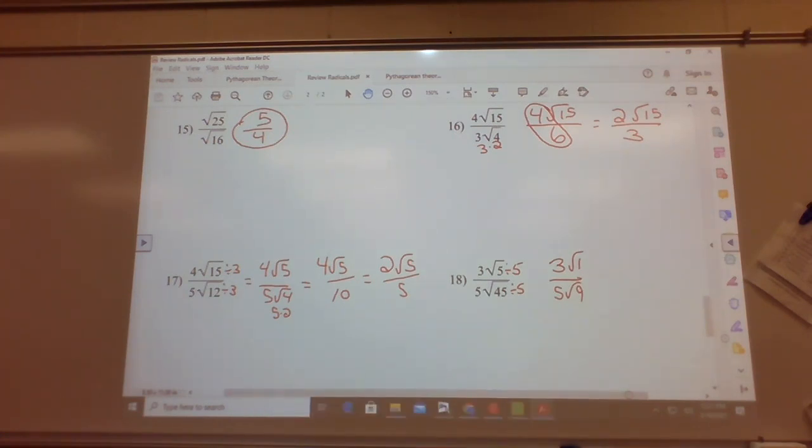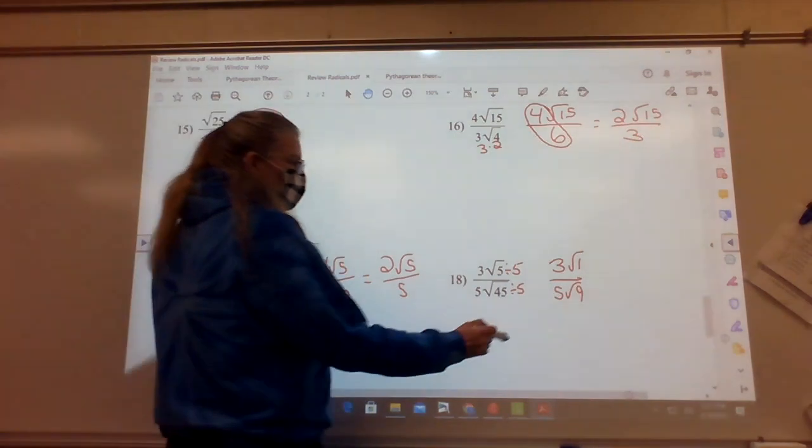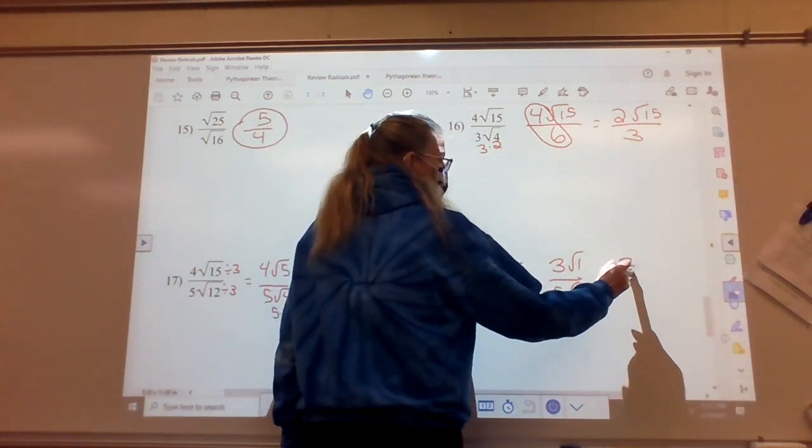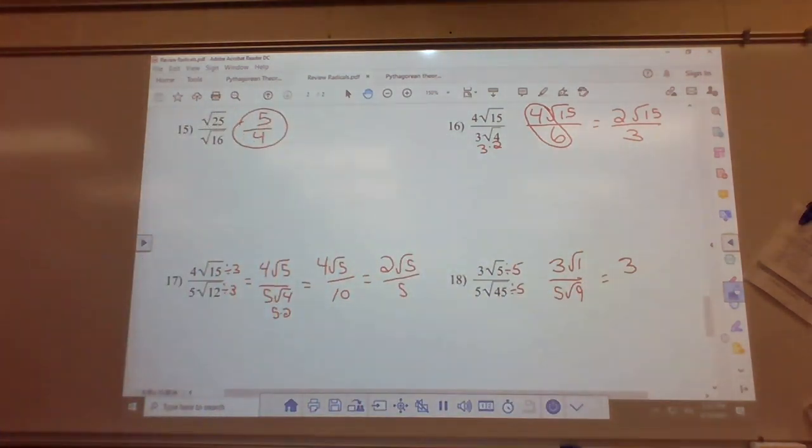Well, like I said before, radical 1 is just 1. And 3 times 1 is just 3. So this top I can just write as 3. Because the radical 1 doesn't really do anything for me because that's just 1. And 1 times anything is going to be the same thing back.